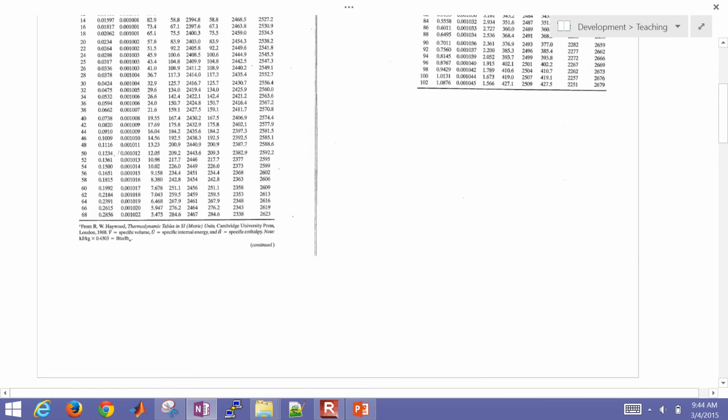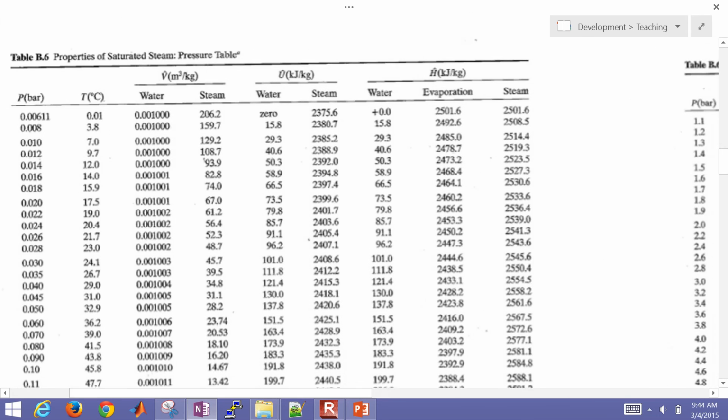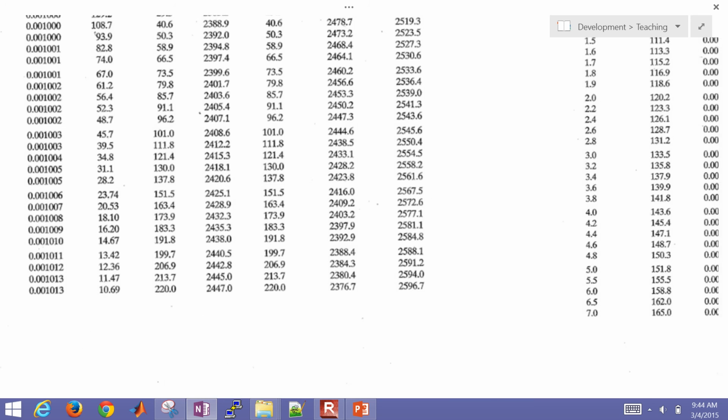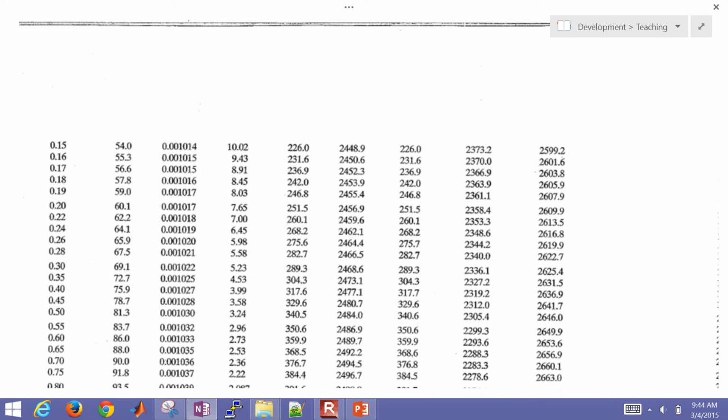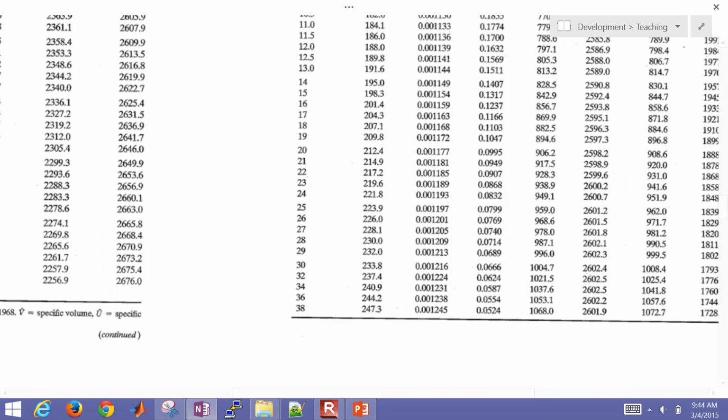So let me go down to table B6. Now this one goes up to higher pressures. In fact, we're looking it up by pressure anyway. Let me go forward on this table. Okay, so here we go.